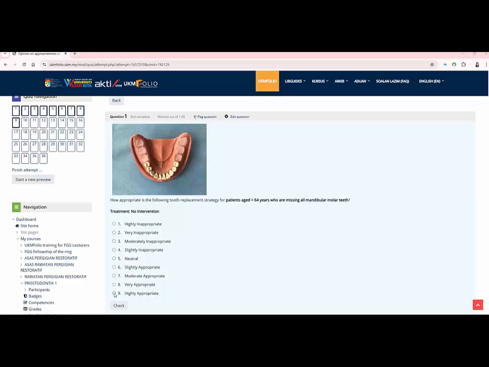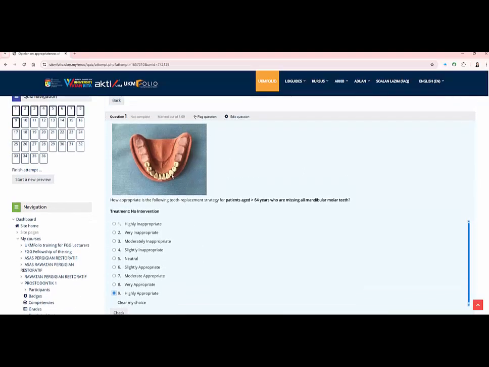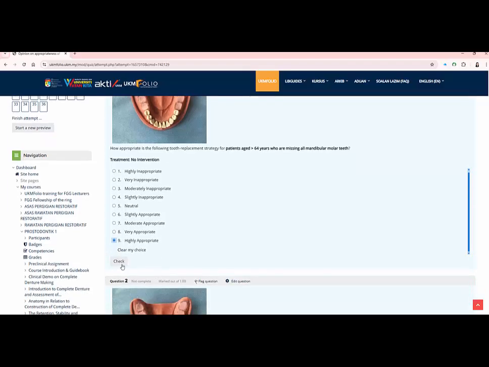I would say it's highly appropriate, because the patient is already so old, and the patient has minimum teeth present from premolar to premolar, assuming the upper dentition is good. So I choose highly appropriate. Then check.